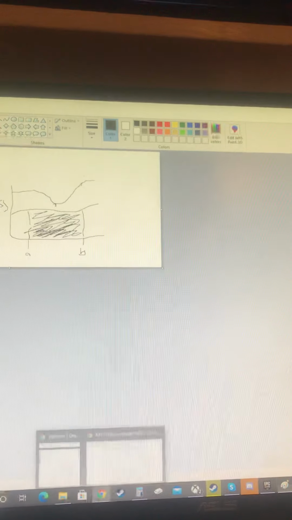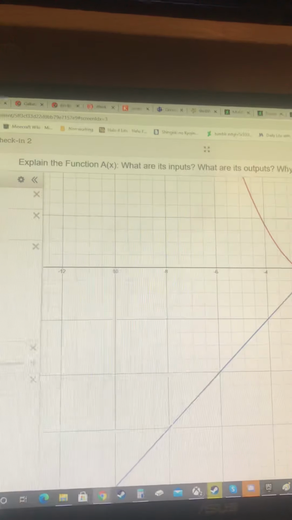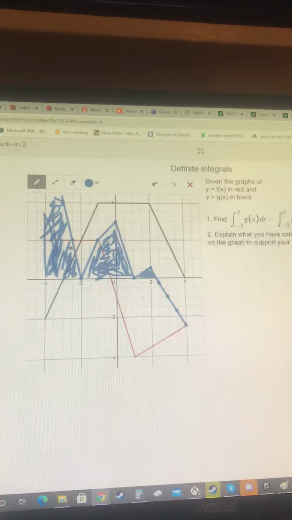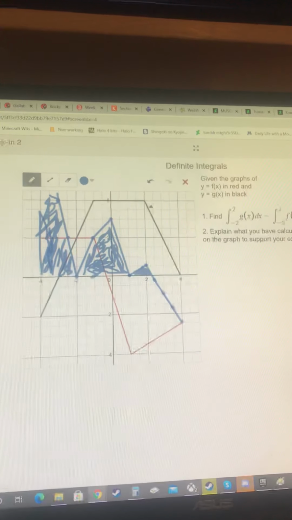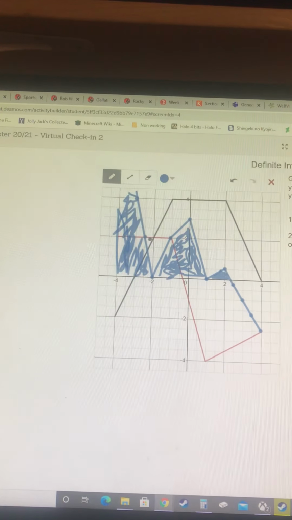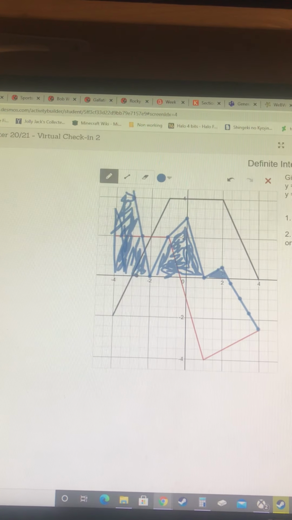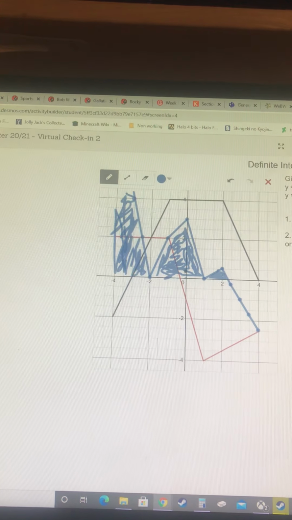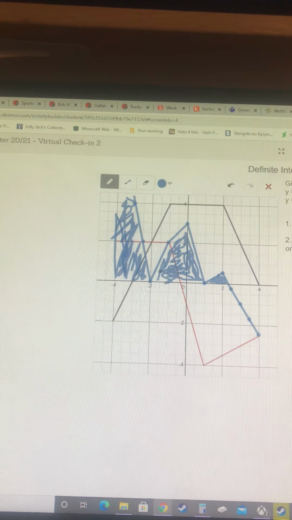So let's bring that back up and go to the next slide, which I already prepared. If we take g of x, which is the first term, in black, and subtract the red one, we get basically this, so that everything under the blue is what we would now integrate.